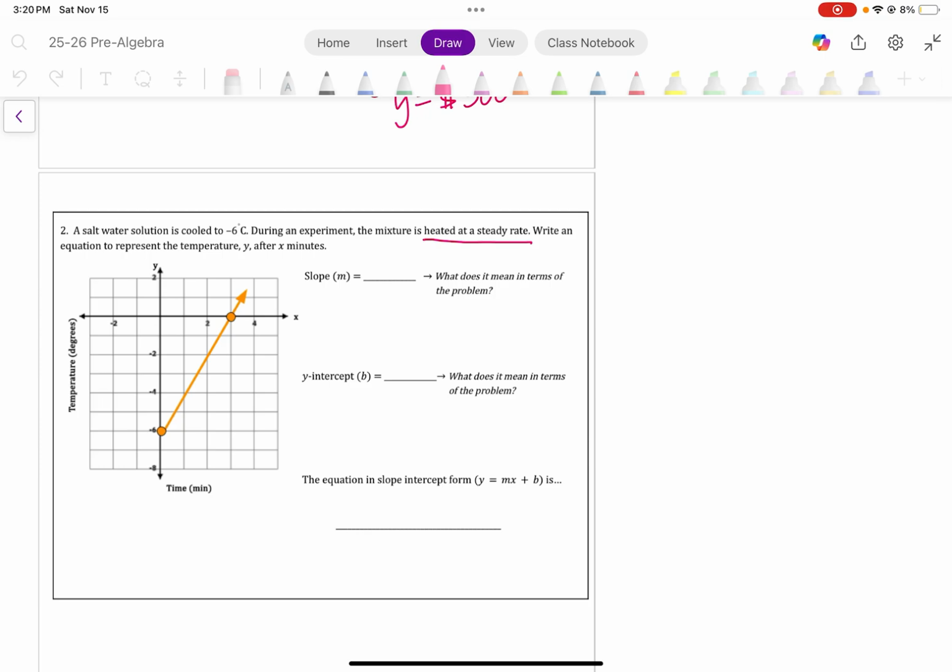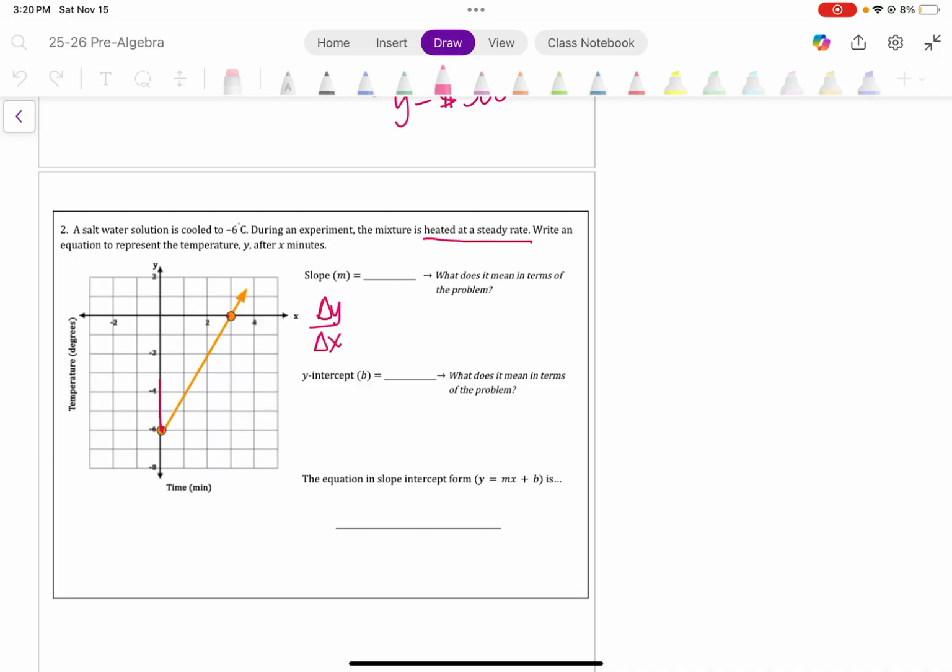So we need to find the slope between the 2 points on the line that they already made for us. So my rise is 1, 2, 3, 4, 5, 6, and my run is 3. So that means my slope is 2, and the y-intercept is hitting at (0, -6).